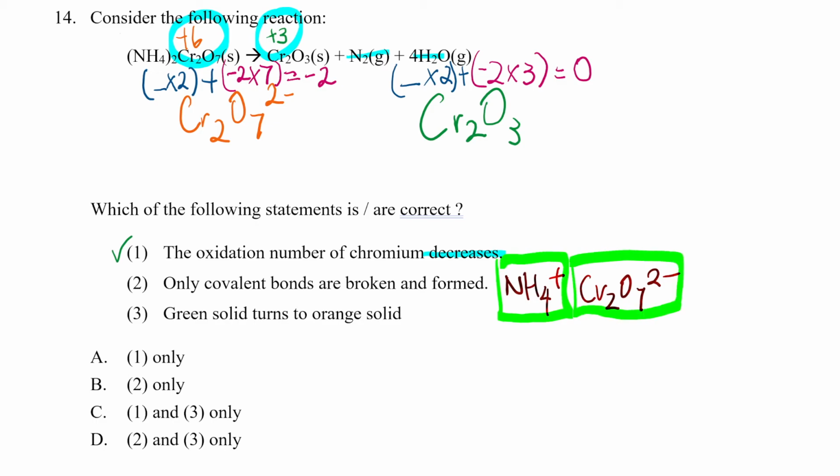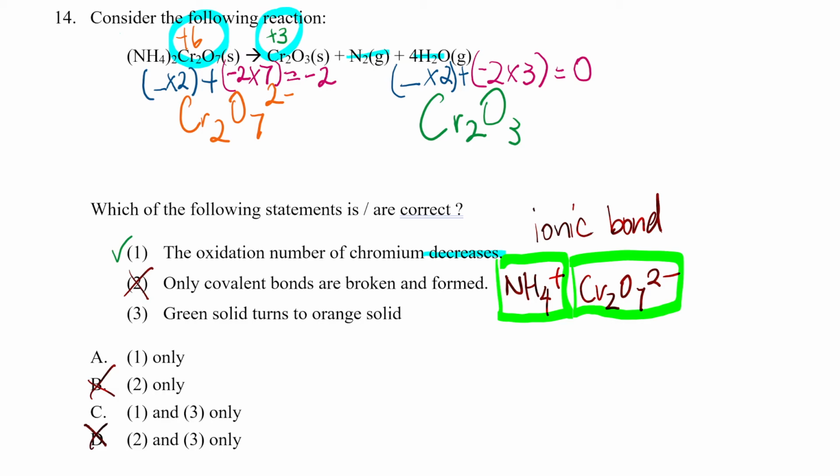Obviously this is an ionic compound, or you can say an ionic bond is present here. So of course this is not true. There's not only covalent bonds, there's also ionic bonds. But anyway, since you knew option 1 was correct, options B and D are going to be wrong anyway. But let's look at the last one now.